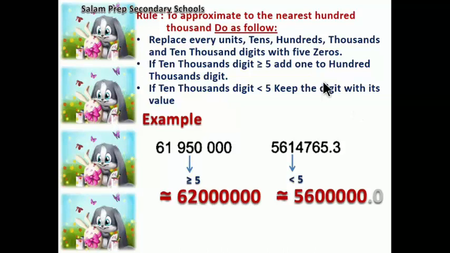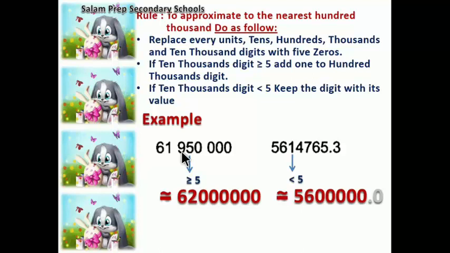How to approximate to the nearest 100,000? Look at this example. 61,950,000 is approximated to the nearest 100,000. Nearest 100,000 means please go to the 100,000s place. We will observe digit 9 in 100,000s.